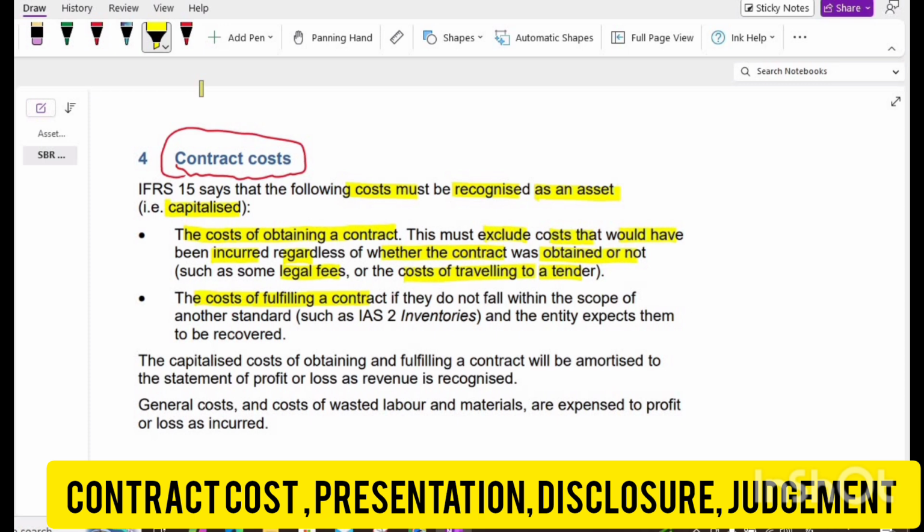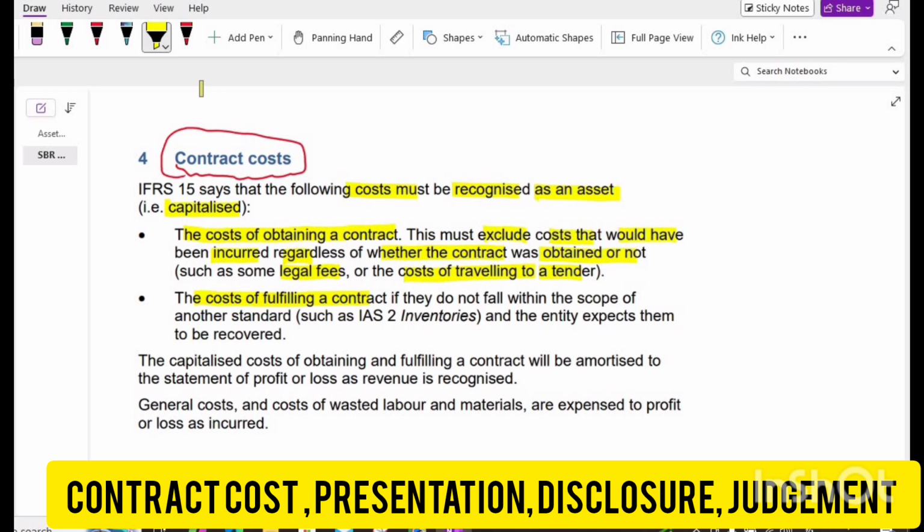So these are the specific costs that are directly related to the contract, so that should be included as a cost of the asset, and that should be capitalized and amortized over time. So you understand the concept of the cost of obtaining a contract, and what should be excluded from that cost.